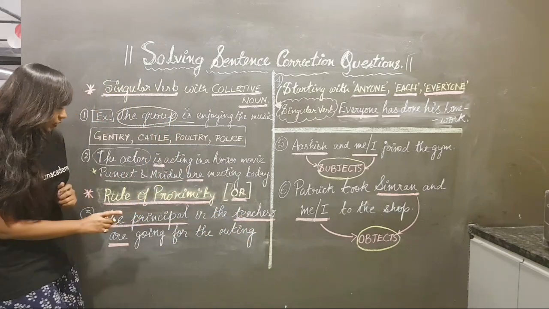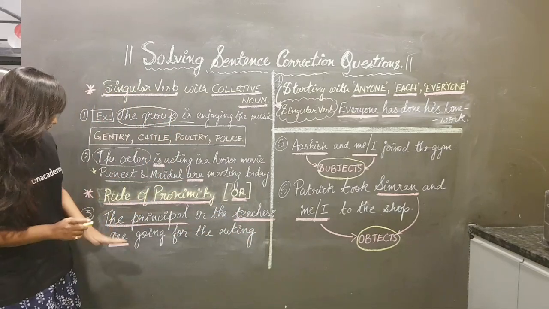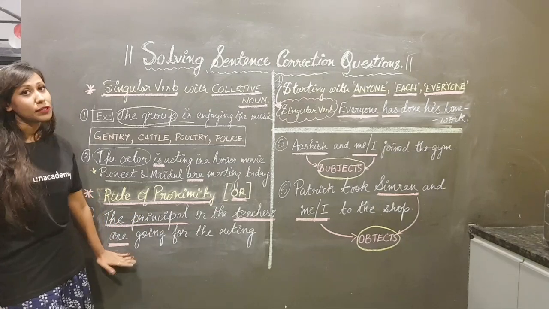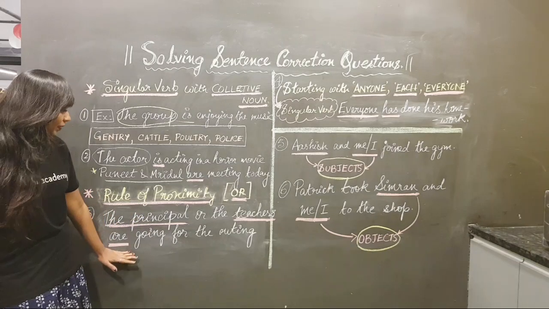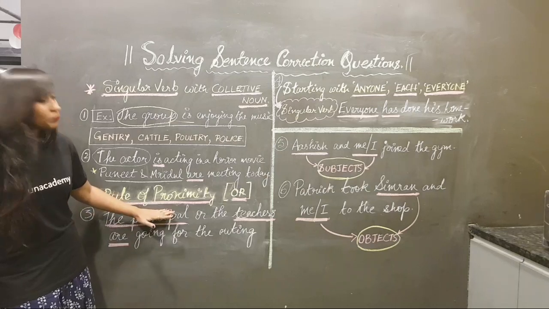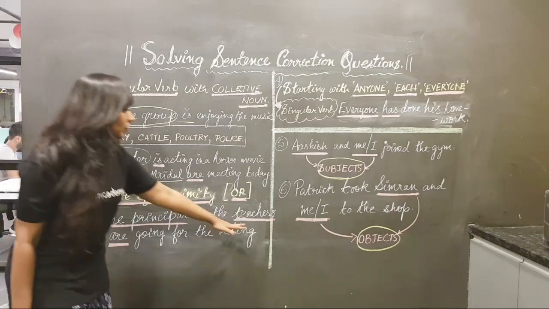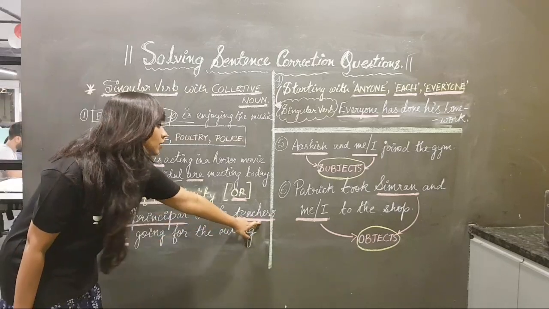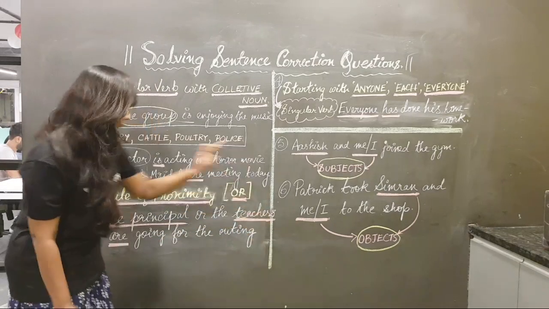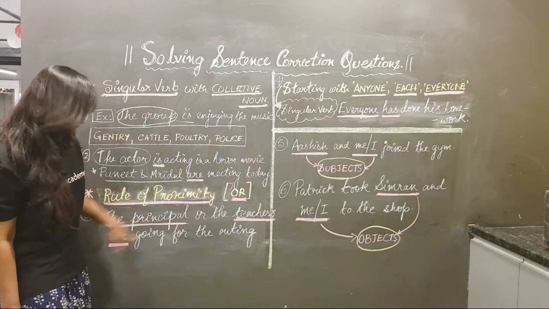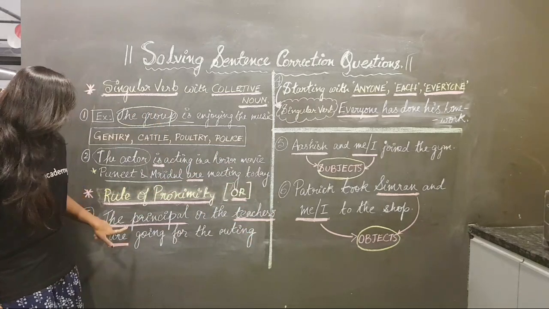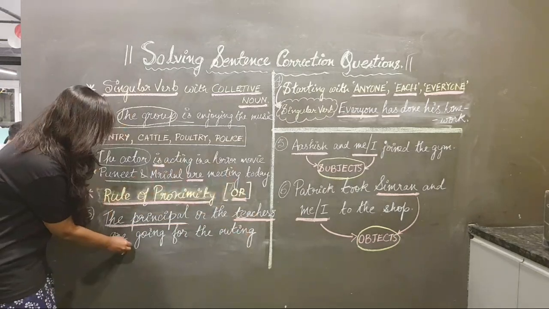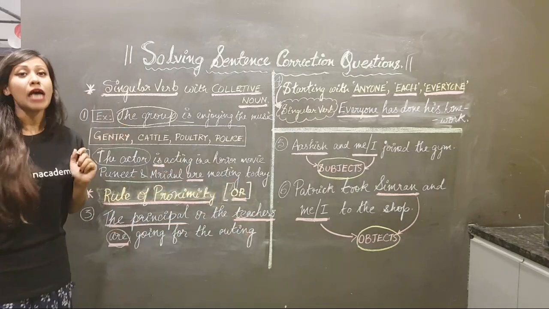But here, how this happens generally is when we decide on the type of verb that it is supposed to take, whether it's going to be singular or plural, we have to see according to the rule of proximity which subject is closest to the verb. So over here you see teachers, which is in plural form and not singular, is closest to the verb. That's why it has taken a plural verb. So the principal or the teachers, which is plural, has taken a plural verb over here, which is are.